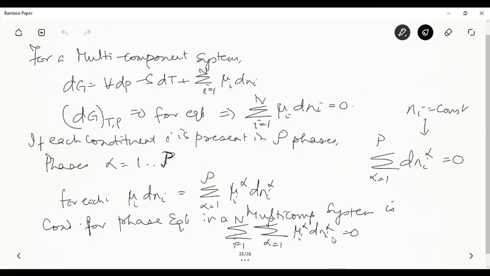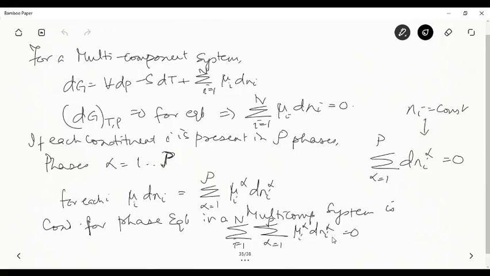Now also, when there is no chemical reaction happening, the number of moles of each species in our system does not change, and therefore dn_i is equal to 0. And the change in number of moles of each species would actually be a summation of the change in number of moles of each phase of the species.